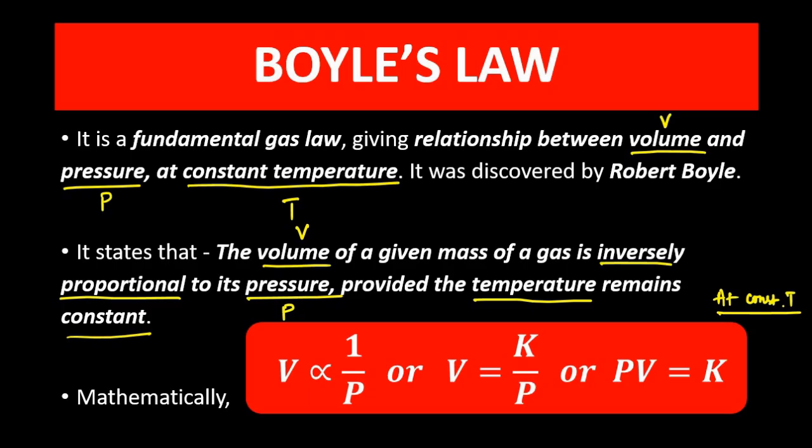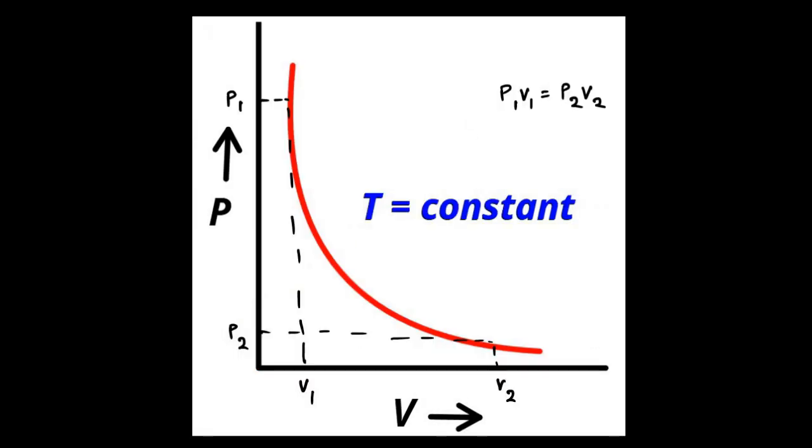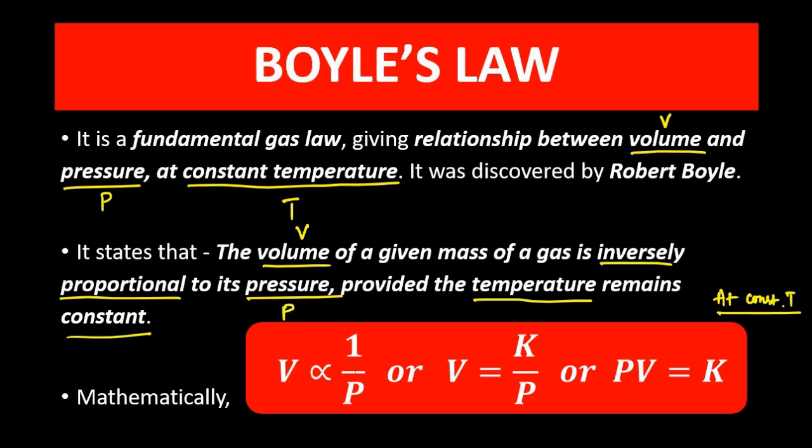If we plot it in a different way, taking pressure as it is and the inverse of volume, then we will have a straight line passing through the origin at constant temperature. This is another way of representing Boyle's law. So Boyle's law: volume is inversely proportional to pressure, and pressure is inversely proportional to volume, for a gas at constant temperature. Boyle's law is done.